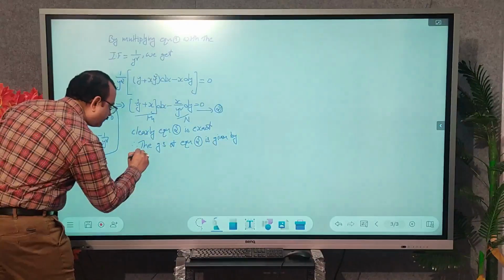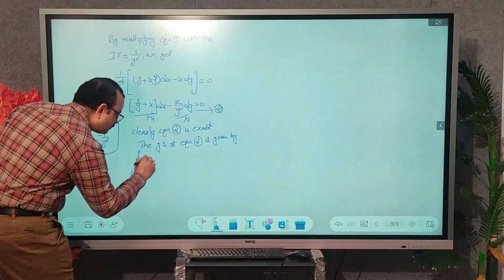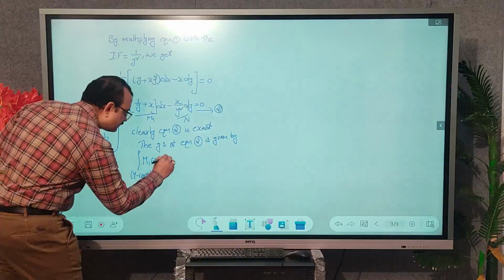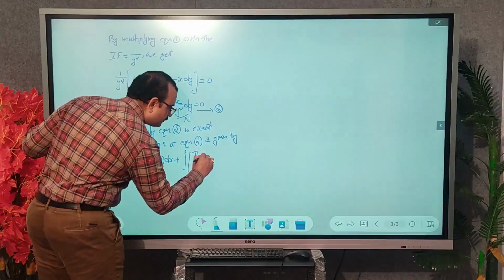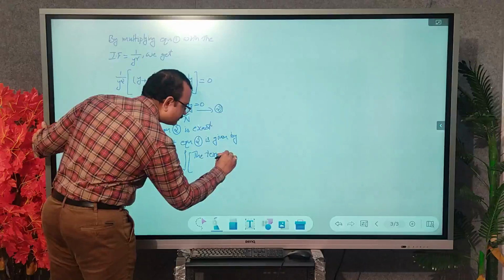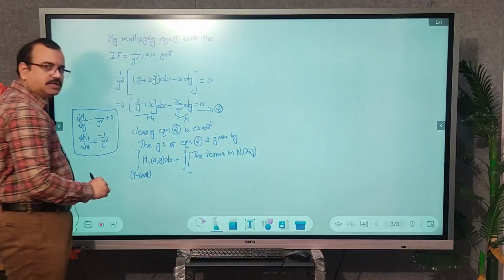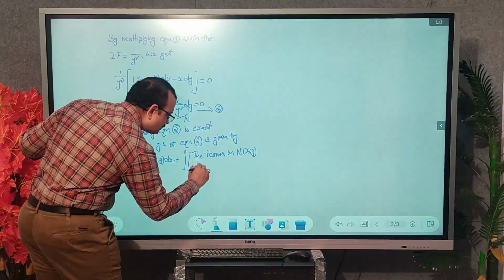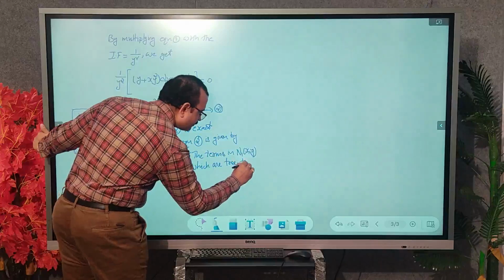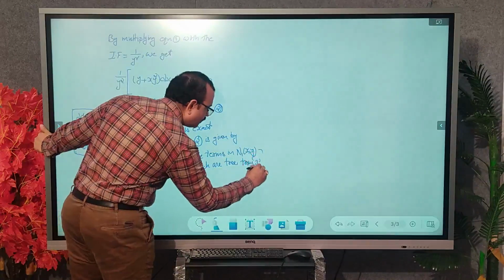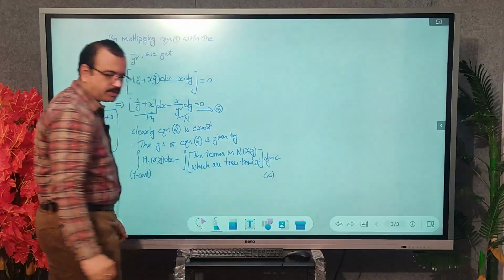so we know the formula: integral, treating y as a constant, m1 dx, plus integral over the terms in n1 which are free from x, into dy, is equal to c, where c is an arbitrary constant.